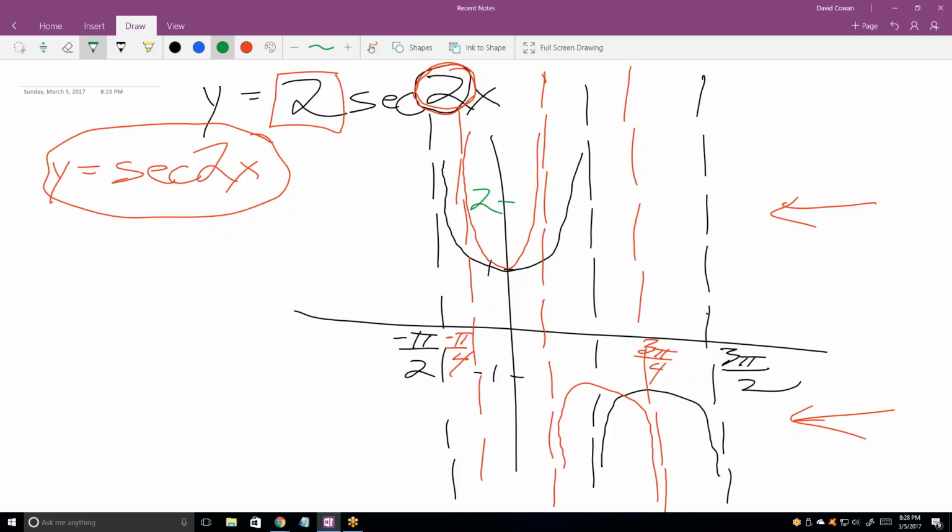Right, instead of plus or minus 1, it goes plus or minus 2. So now, the green should be your final curve. In other words, y equals 2 secant of 2x would be my green curve.